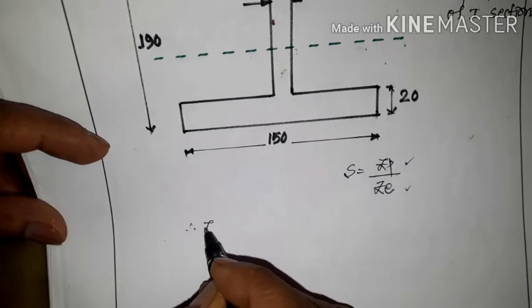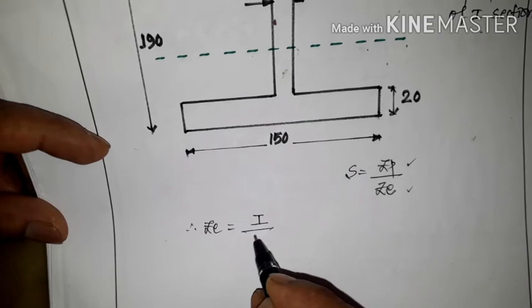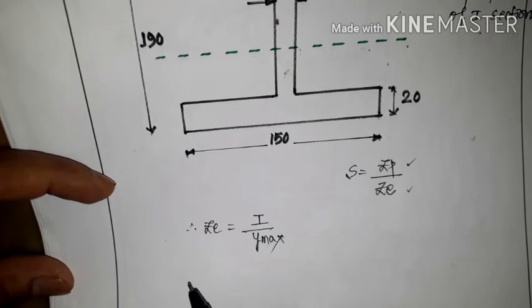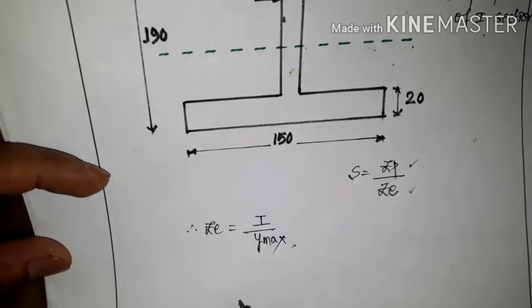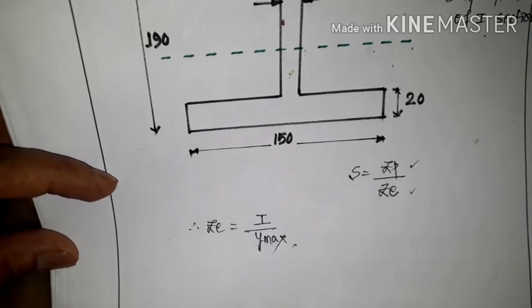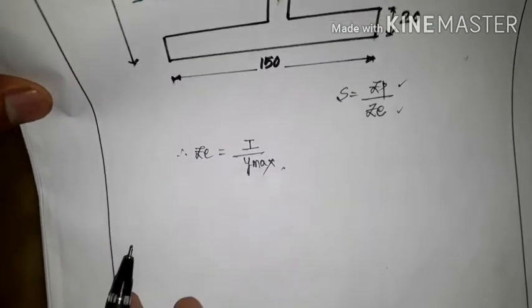Therefore ZE is equal to I by Y max. So we have to locate the neutral axis now. To get the value of Y max, we have to locate the neutral axis or the centroidal axis.